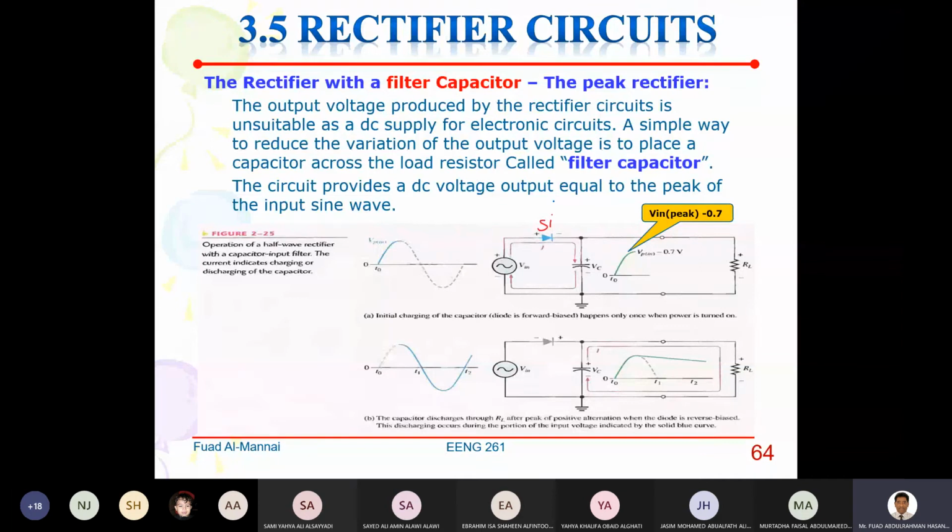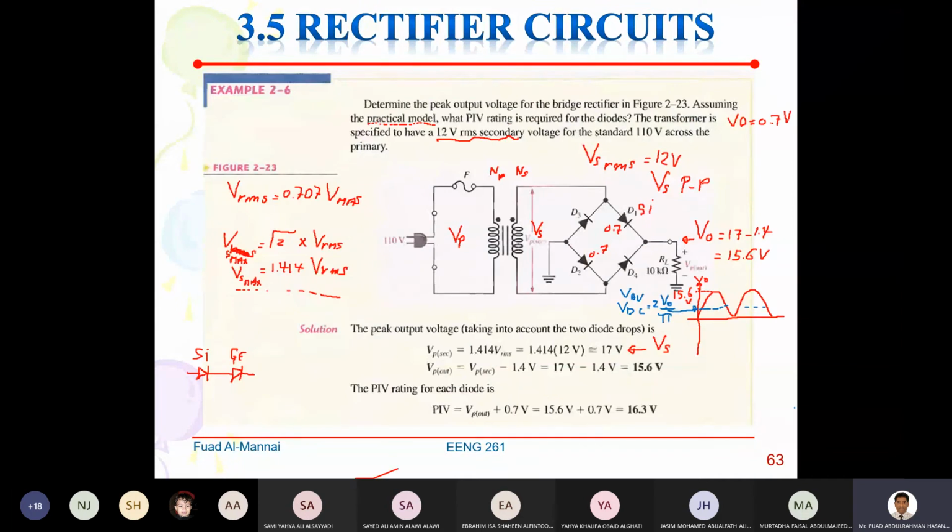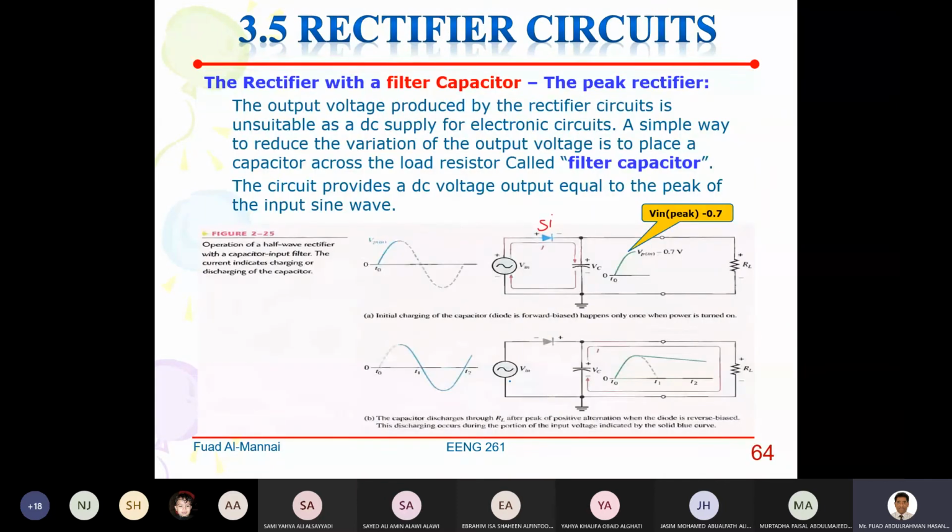As you can see from slide number 63, we have these humps. We don't want that. We want the output to be straight, or we want to make the humps less, since it varies a lot. We want it to vary only a little bit. So how are we going to do that?